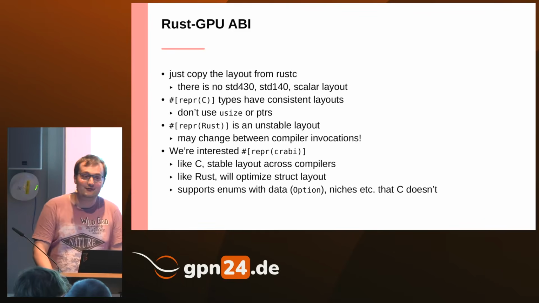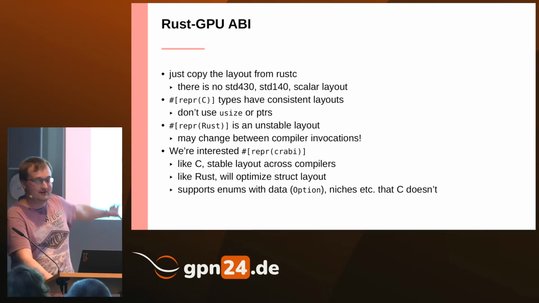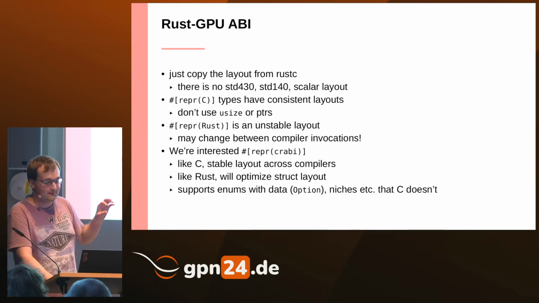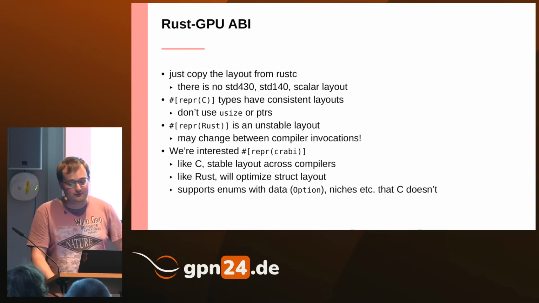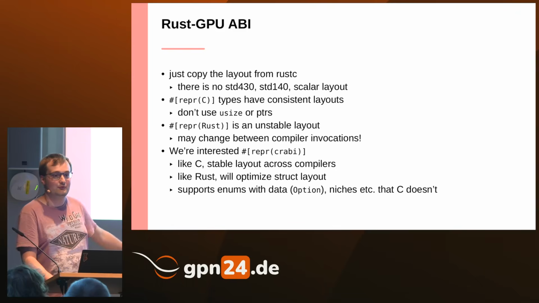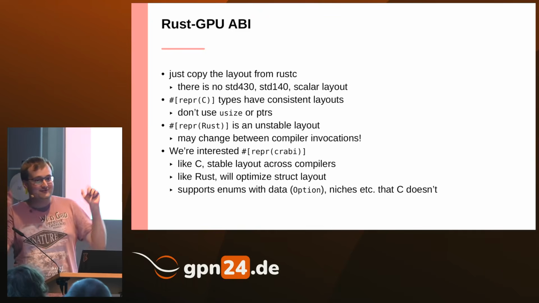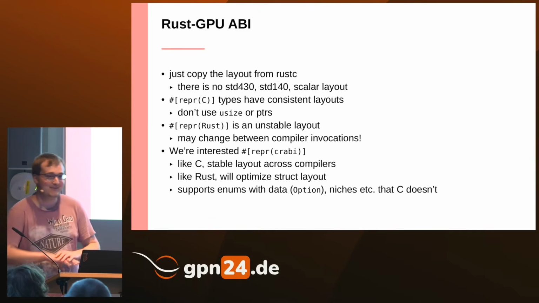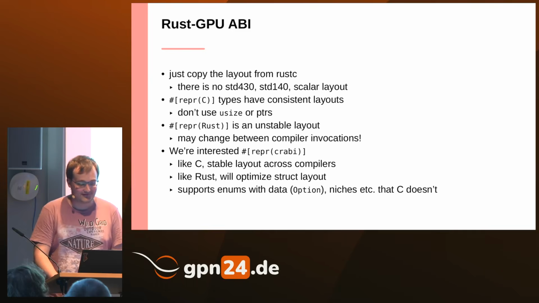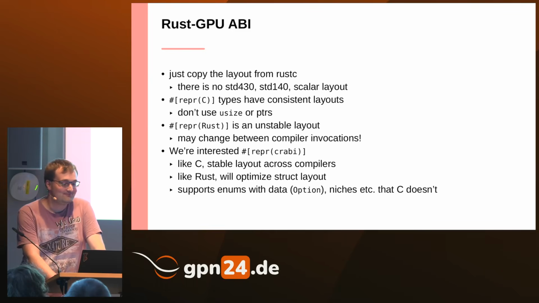And also, because repr(C) does not support things like enums with data inside them, like Option or niches, all that stuff would also be very crabby. Whereas right now we effectively rely on UB if you want to use these types, and even these types have a lot of problems in other ways. Because functionally, repr(Rust) doesn't change a whole lot.